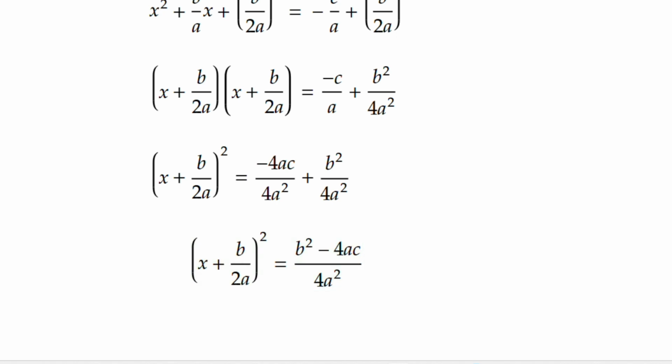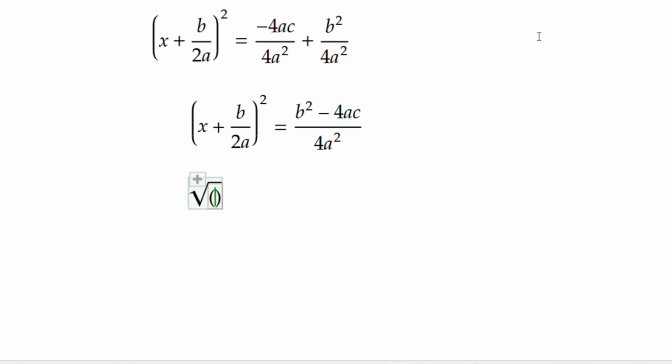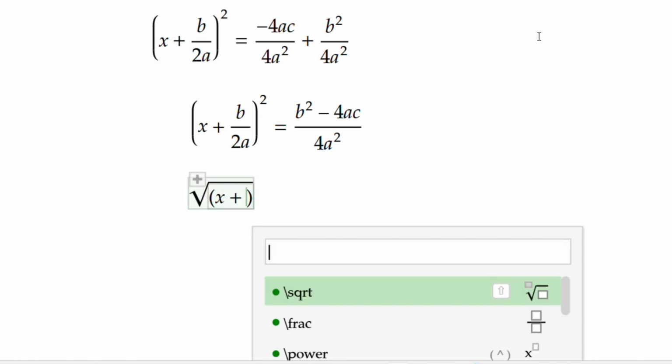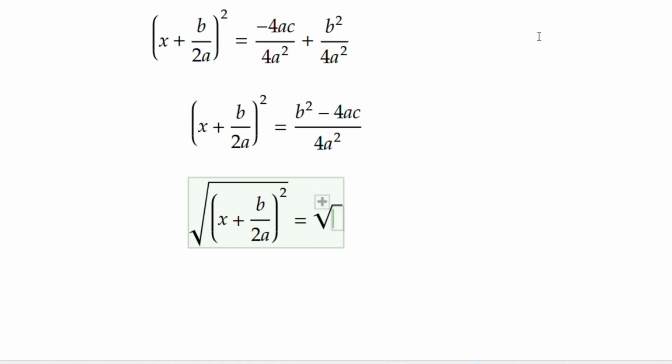So, okay, now what do I need to do? I need to take the square root of both sides. It's going to be the square root of x plus b over 2a to the power 2 is equal to the square root of b squared minus 4ac over 4a squared.